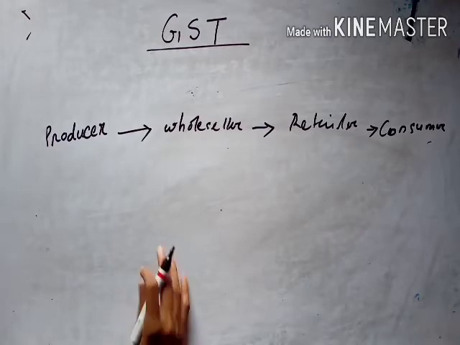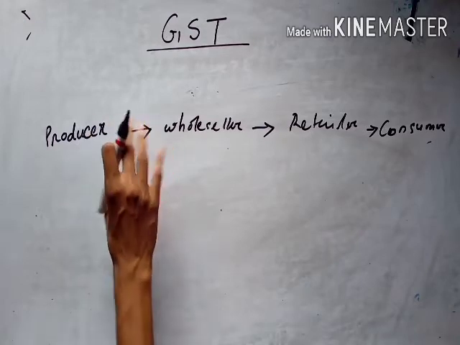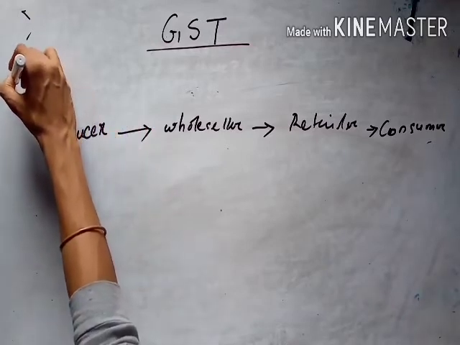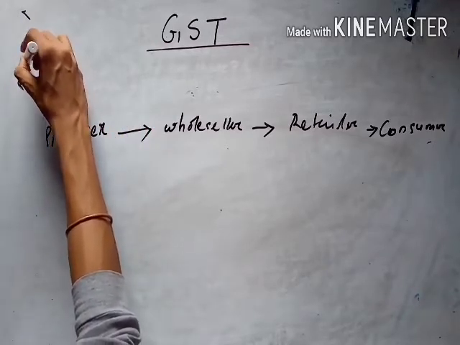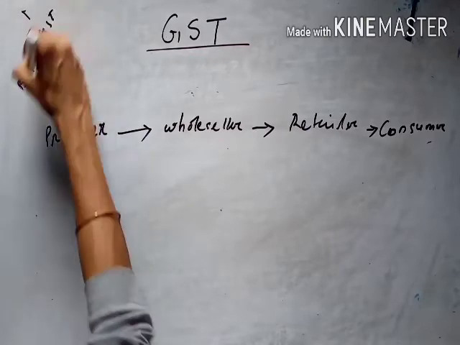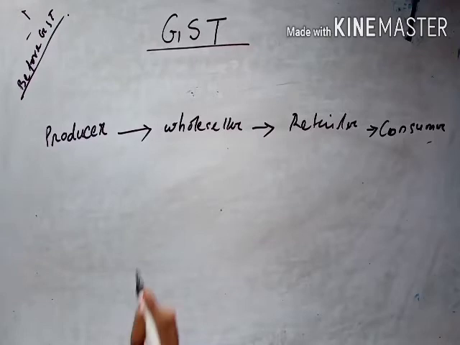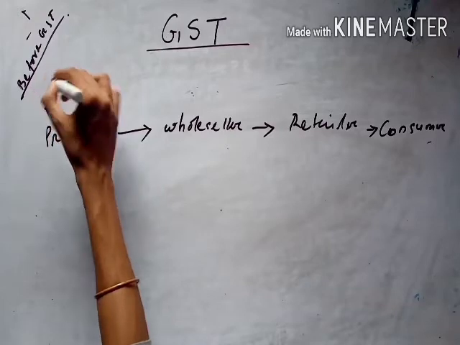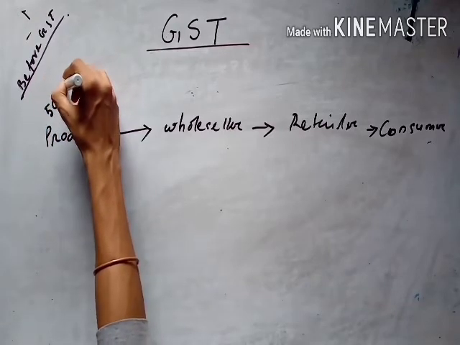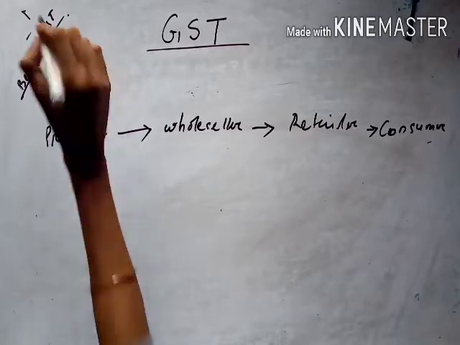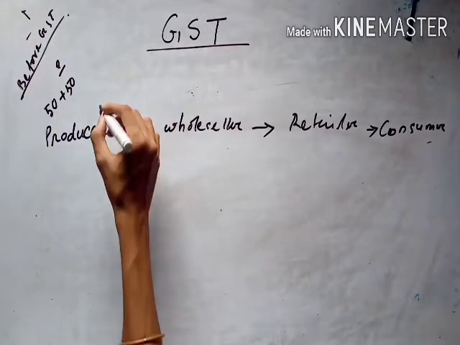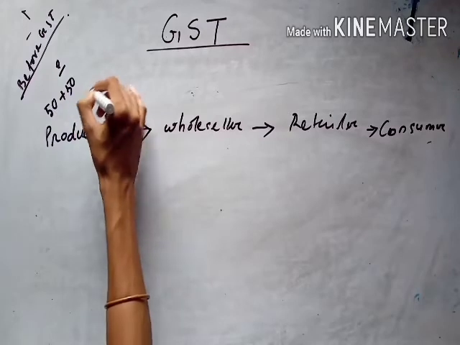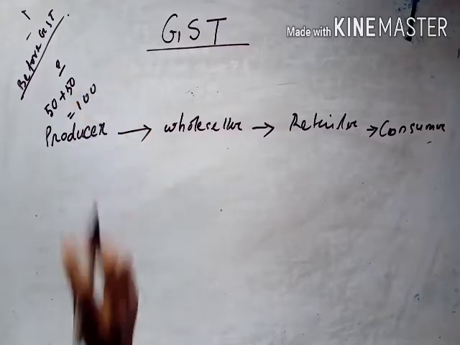Now let's see the effect before GST and after GST. This is the effect before GST. Suppose a producer buys raw material for rupees 50 and he adds 50 as profit, which is a total of rupees 100.